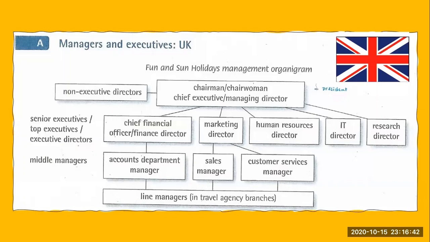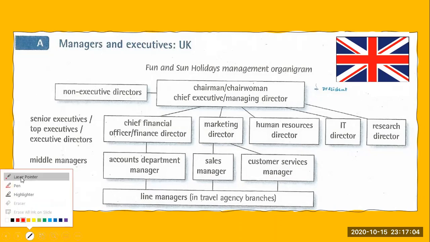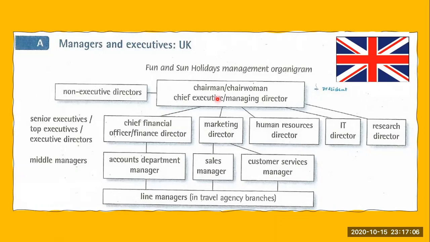This is an example. The name of the company is Fun and Sun Holidays Management Organigram. As you can see in the name, Fun and Sun Holidays, we're talking about a travel agency. Okay, something big. Here, on the top, we have the chairman or chairwoman, chief executive, or managing director.